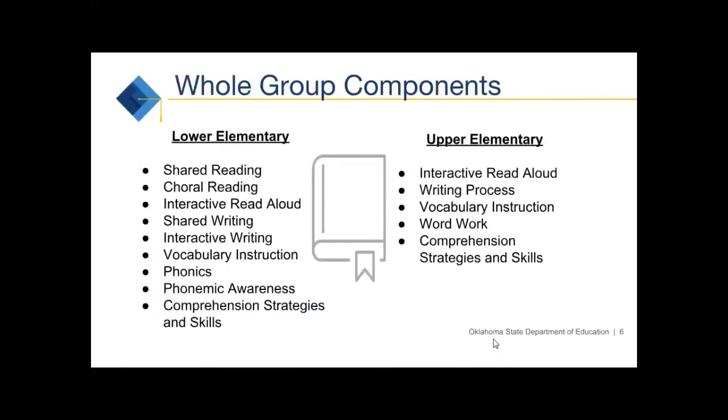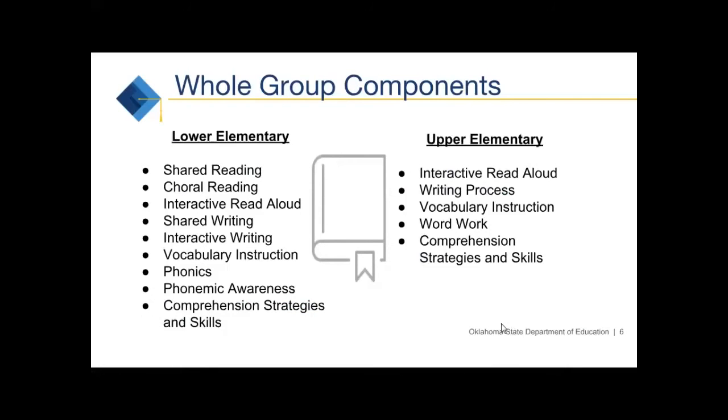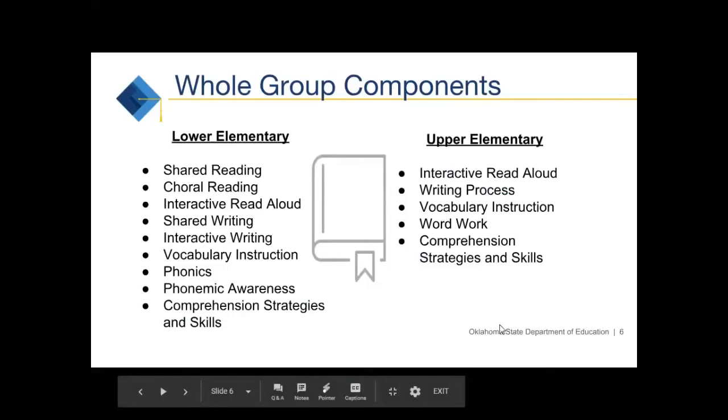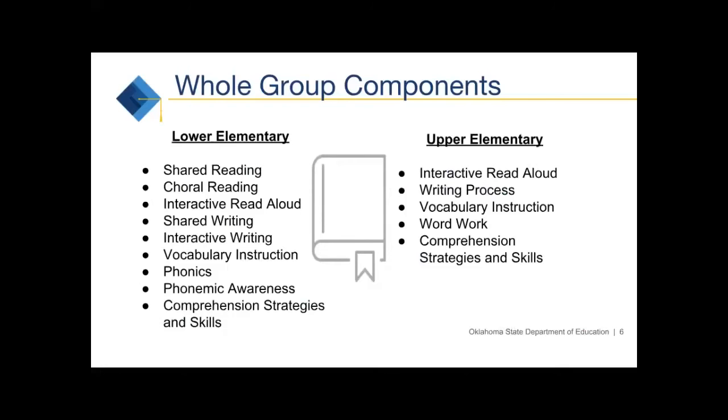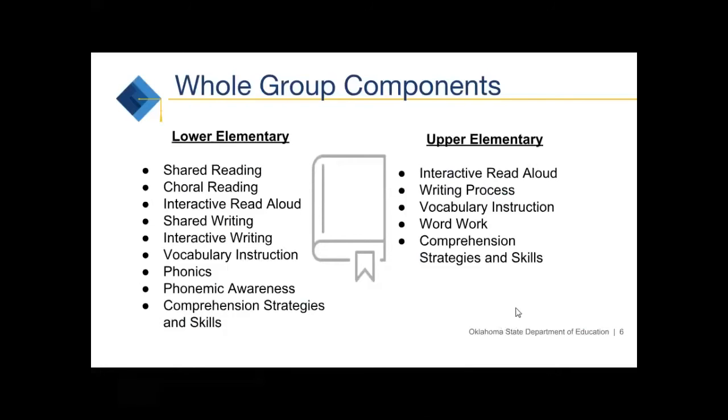Please do not think that if a strategy is not listed under upper elementary that you can't use it. Notice that phonics and phonemic awareness is not listed for upper elementary. That's because those skills need to be taught in upper elementary in small targeted intervention groups.